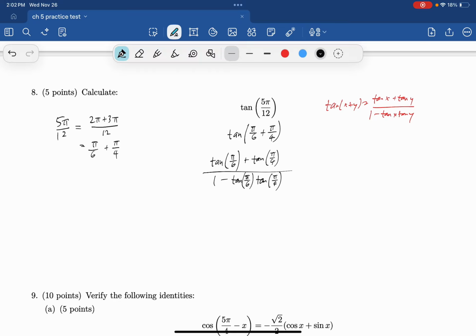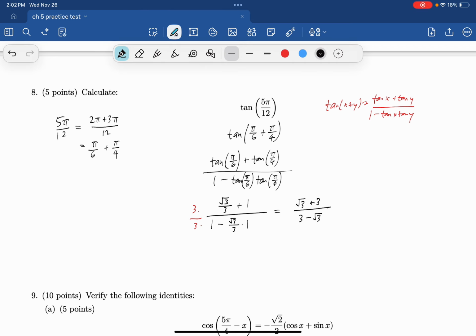So that is going to come out to root 3 over 3 plus 1 all over 1 minus root 3 over 3 times 1. And if we multiply top and bottom by 3, then this becomes root 3 plus 3 over 3 minus root 3.